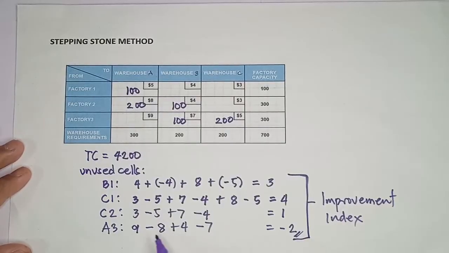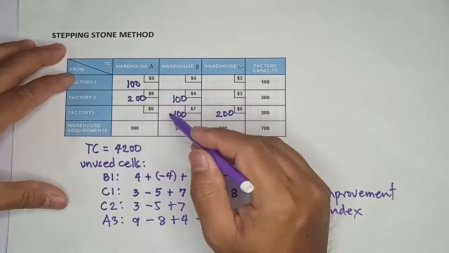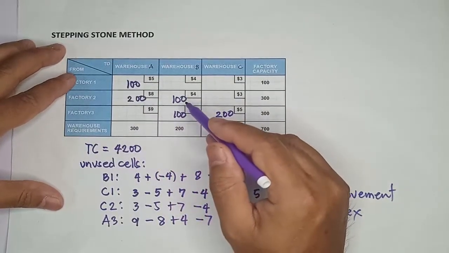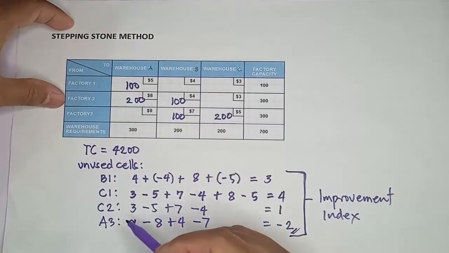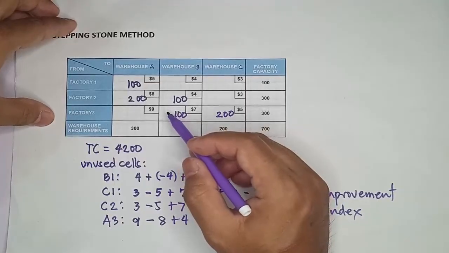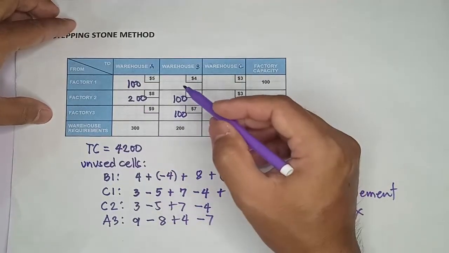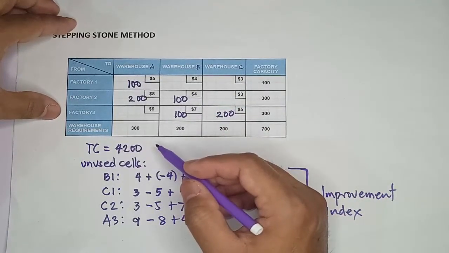Since the negative number belongs to A3, we can do a redistribution on the loop of A3. So again, on A3, there will be a redistribution of these quantities belonging to this loop that will improve our overall solution.